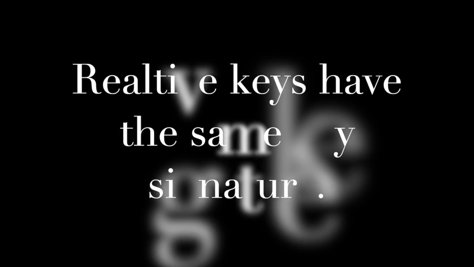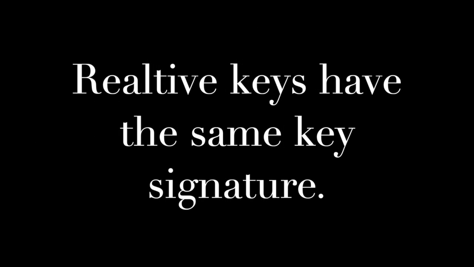What that means is that they have the same key signature as each other. For example, in C major, which is the key signature we learned that has no sharps or flats, there is also a minor key that has no sharps or flats, and that would be A minor.